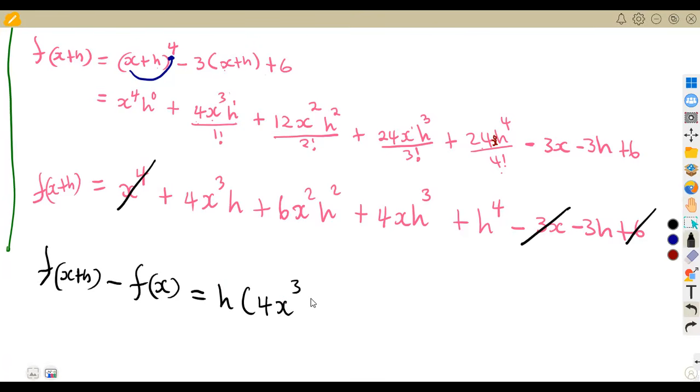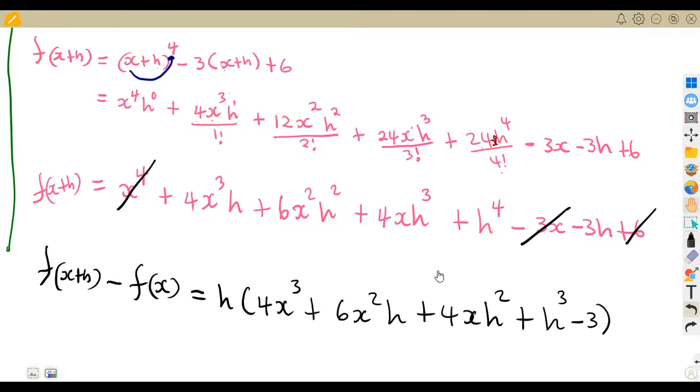Here, if you divide, you're going to remain with 6x squared h. And this one is going to give us 4x h squared. If we divide here, we're going to have h to the exponent of 3. If we divide by h, this will be a minus 3, because we are factoring out h, right? So this is our f of x plus h minus f of x.